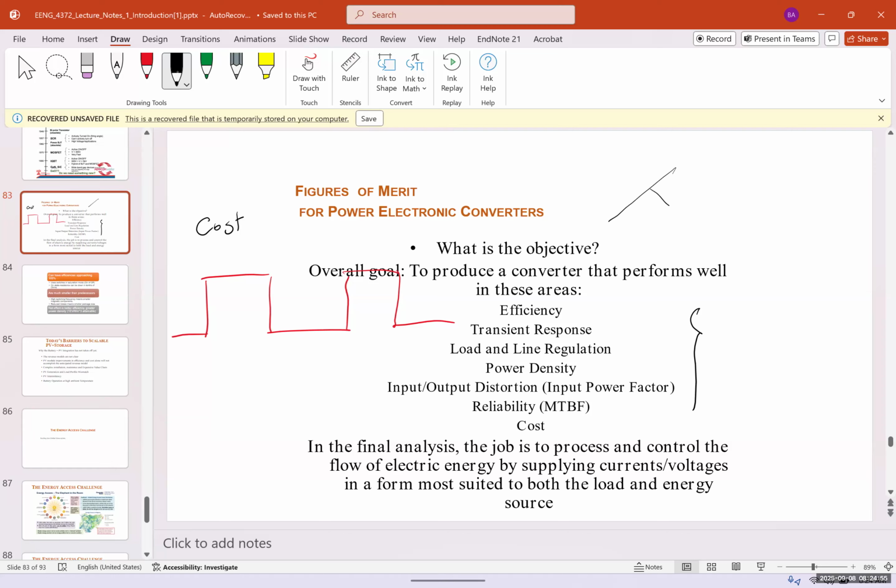Imagine if you have a solar panel, a PV, photovoltaic panel, and you connect that photovoltaic panel to an inverter. I'm just going to call it a DC to AC inverter, okay?